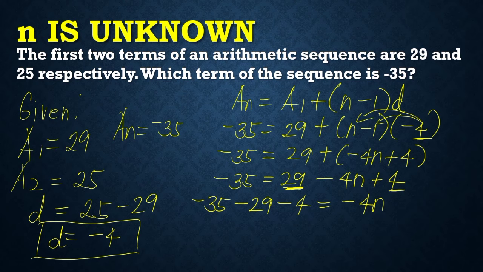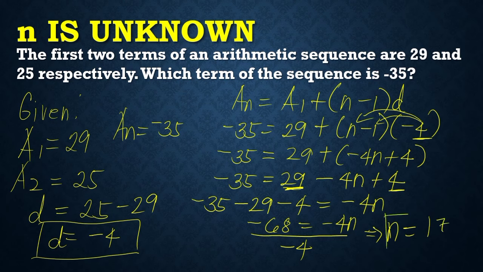Minus 4, negative 68. So, negative 68 is equal to negative 4n. Dividing the whole equation by negative 4, n is equal to negative 68 divided by negative 4, that will become positive 17. Okay, so ibig sabihin, ang negative 35 ay 17th term ng arithmetic sequence.